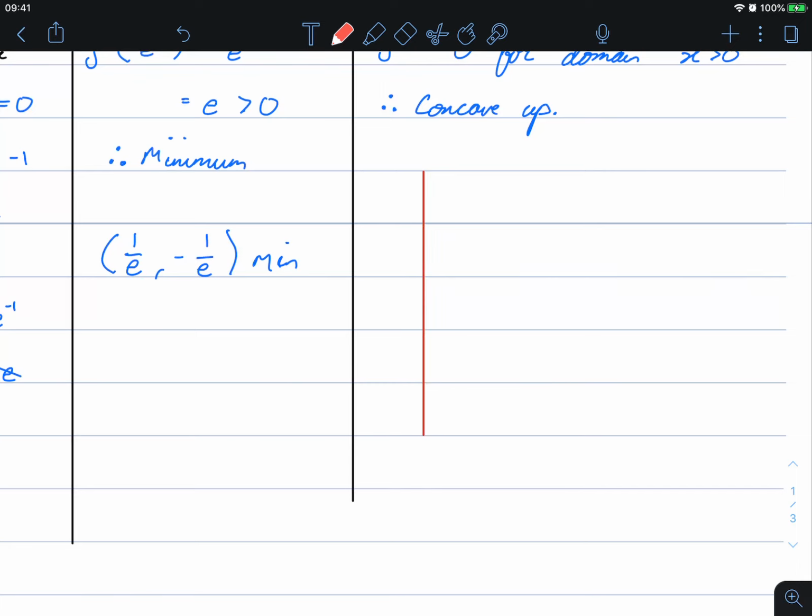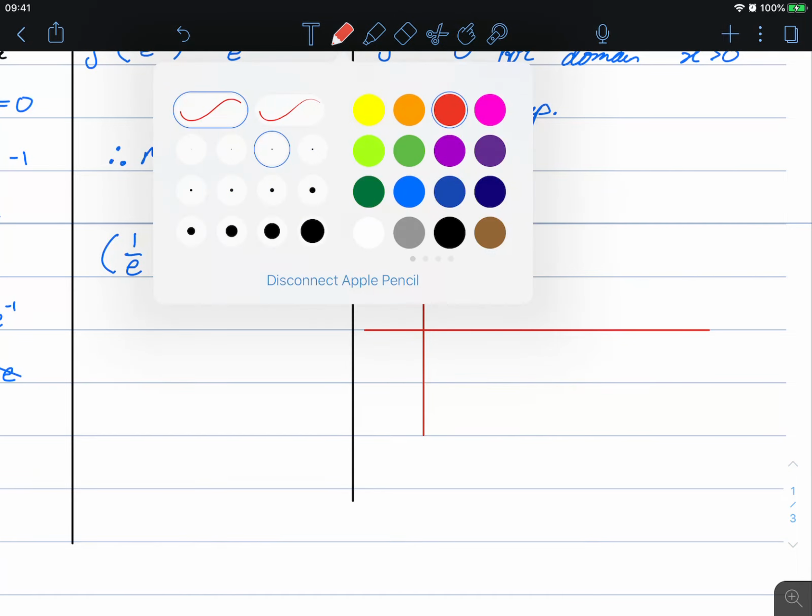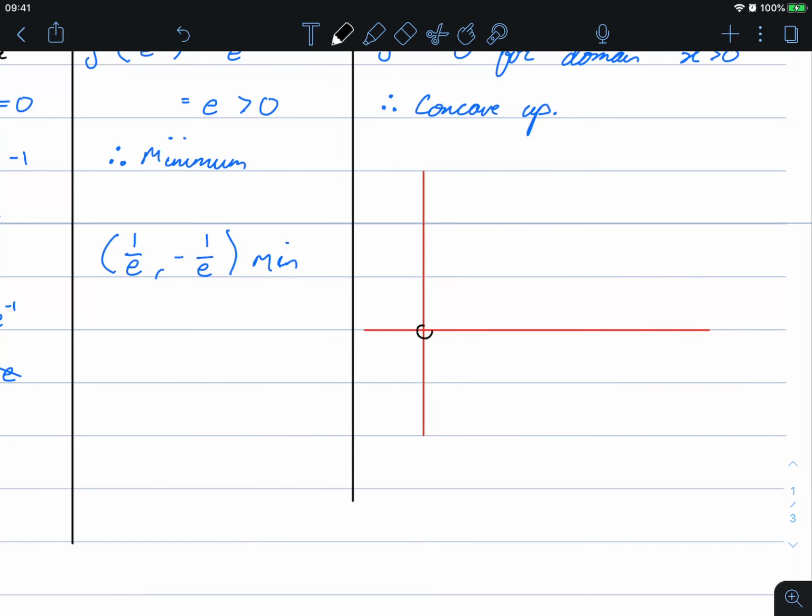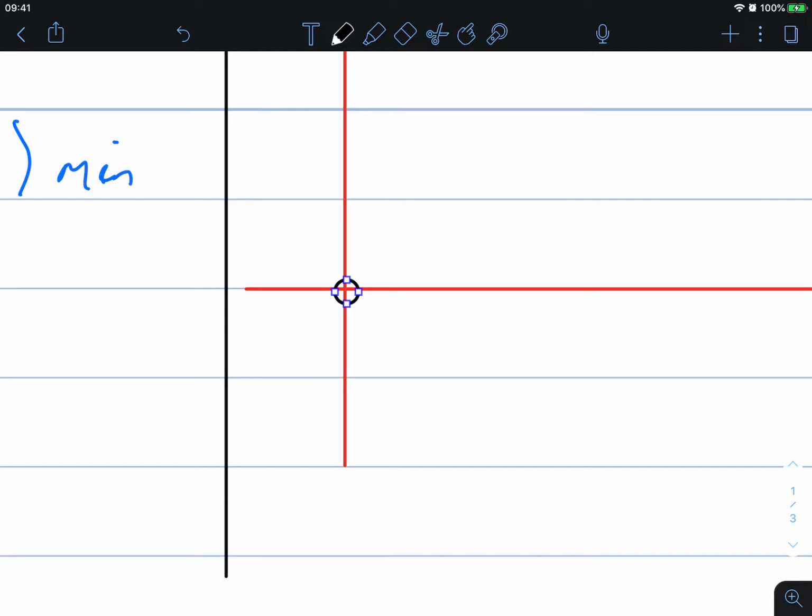So here's my y, here's my x. We know that it approaches 0 but doesn't equal 0, so there's an open circle at this point.